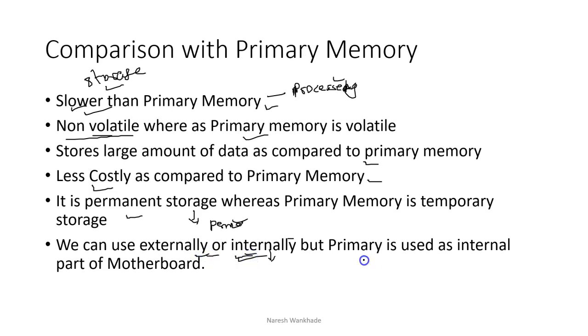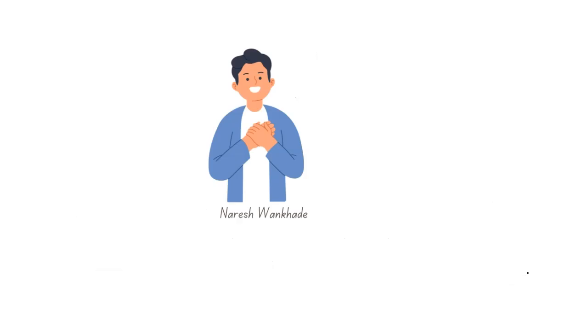But as far as the primary memory is concerned, primary memory is to be mounted on the motherboard itself, means you have to use that primary memory as a part of the motherboard. Example is RAM. We have memory slots provided on the motherboard to mount the RAM. So these are some points of comparison with the primary memory.